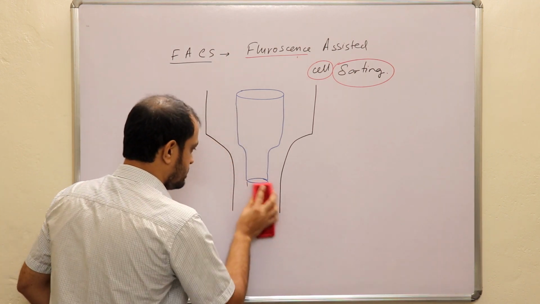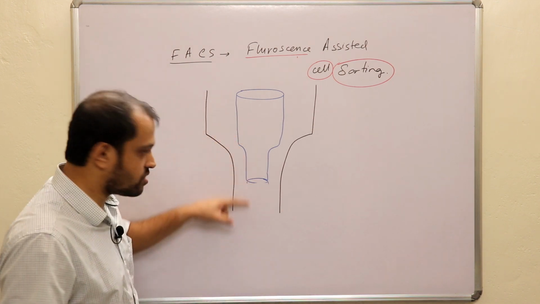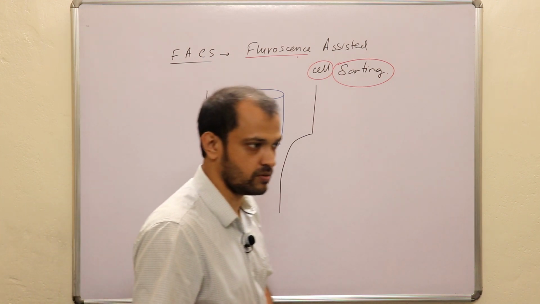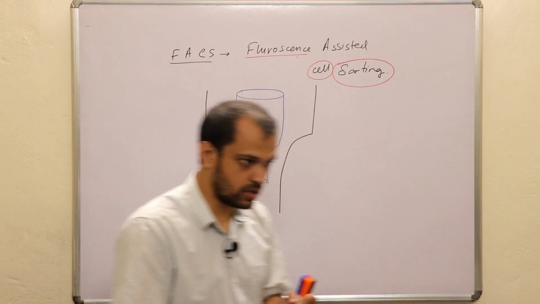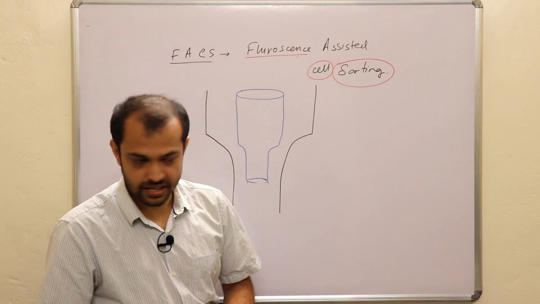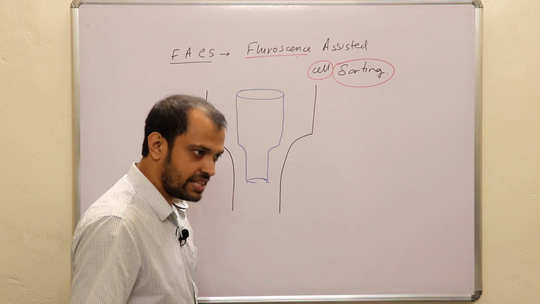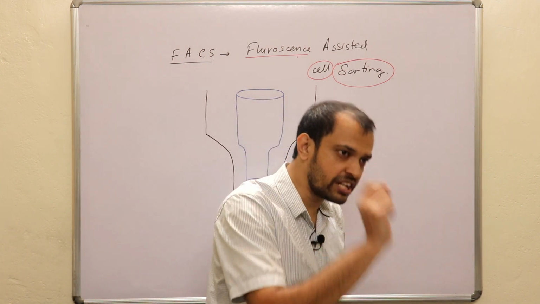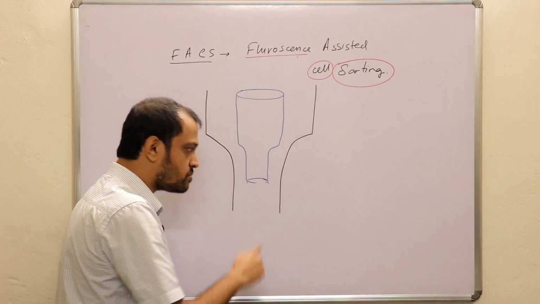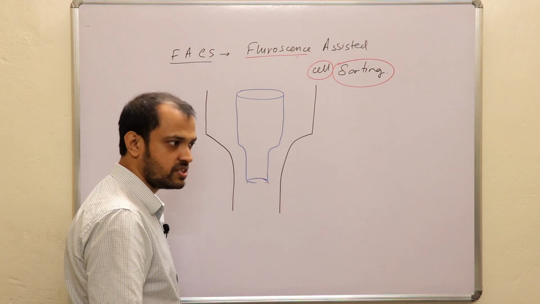Whenever you are talking about FACS, the fluidic system plays the major role. When we are using a flow cytometer or FACS, we are using the same fluidic system. Suppose when we are using the flow cytometer property of this machine, then the additional property of the FACS machine is turned off. What is that additional property?